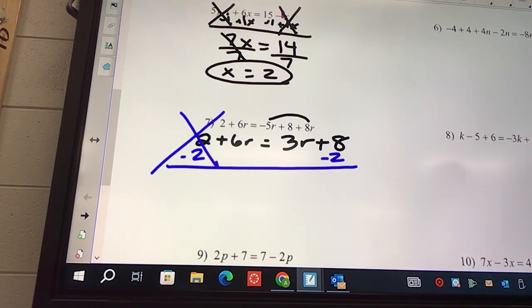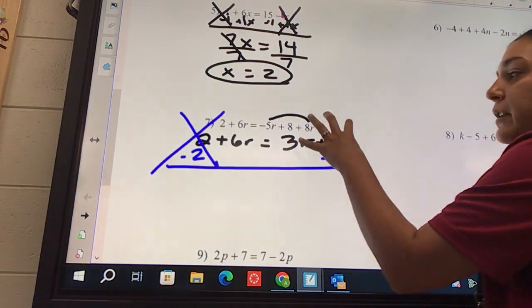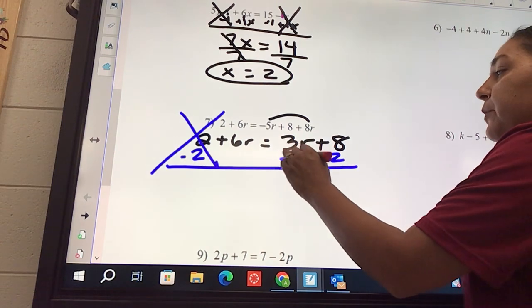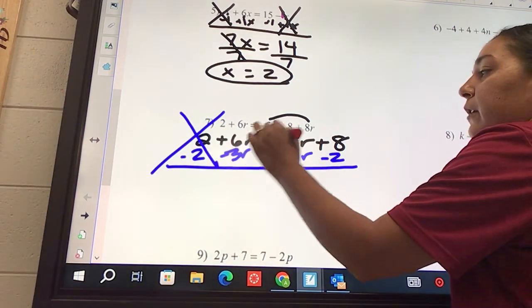Okay, and if you're looking at this and you're like, I'm not really sure. Notice how I have a big X on this side and now on this side. So this is the one that we're going to cancel something out. Okay, so the 3 is what needs moved. Okay, so we're going to say minus 3r. Minus 3r.